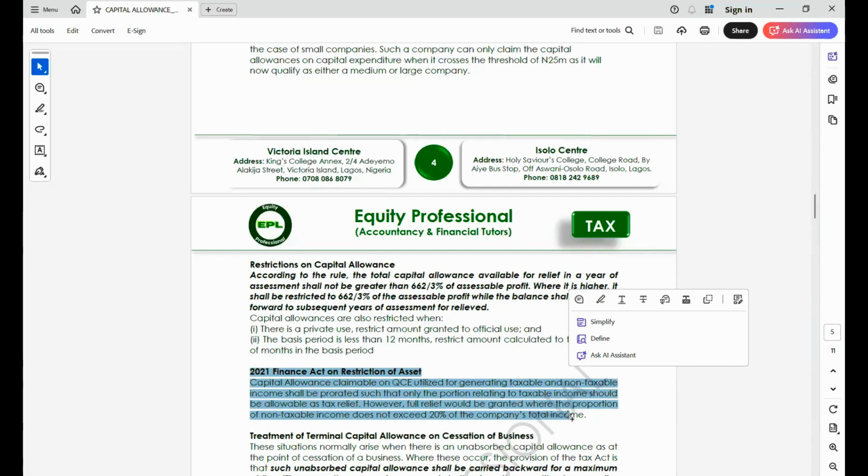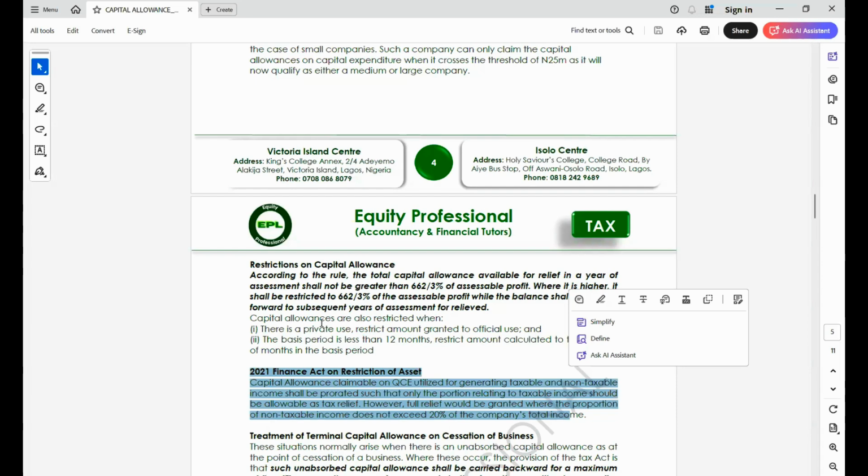Taxable income are those incomes that are liable to tax, while non-taxable income are those incomes that are not liable to tax.